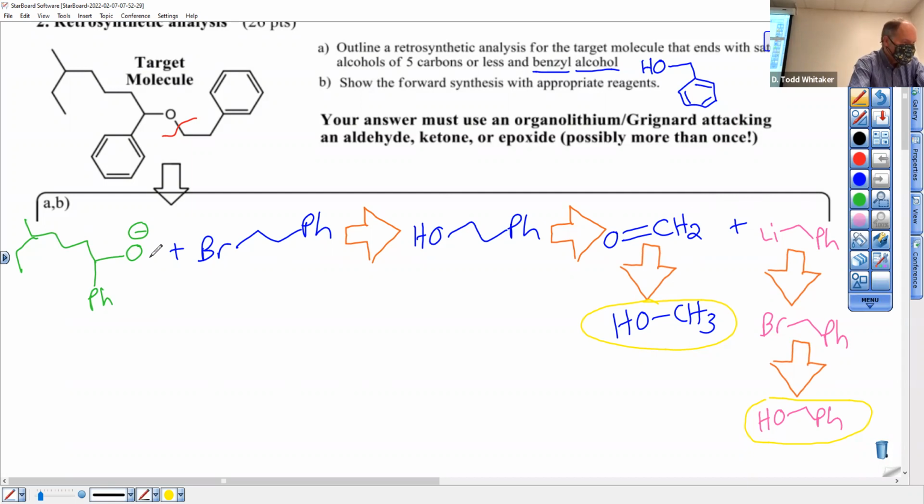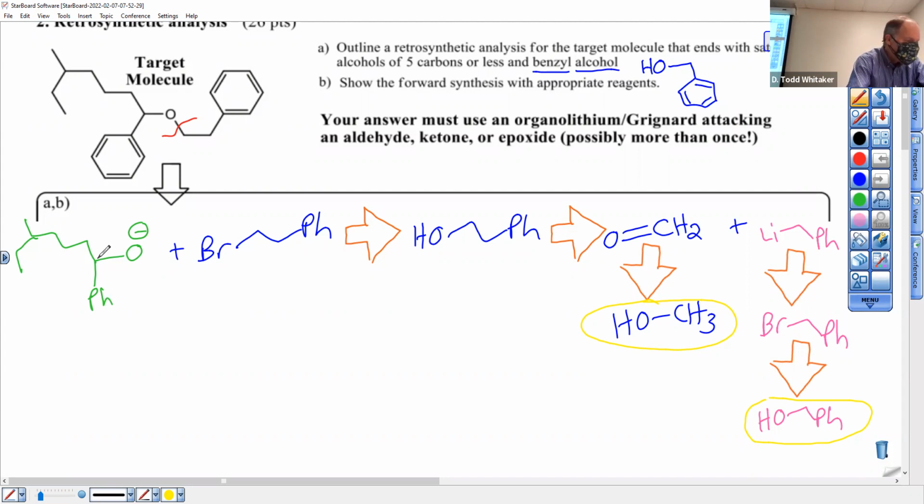Because look, I've got an O minus. I don't need to put the H on. It came from an attack on an aldehyde or a ketone, and the aldehyde or ketone carbonyl became an O minus. So we can make this bond, not a good idea though, because it doesn't say anywhere you're allowed to start with something that's just benzene.